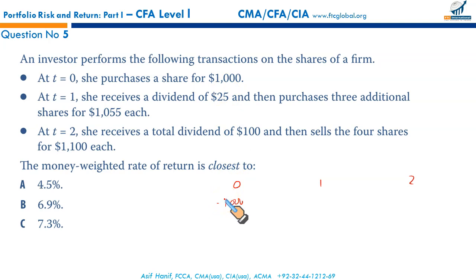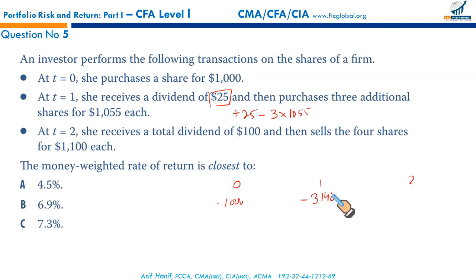Then at T1, she receives $25, which is positive, and at the same time she purchases 3 additional shares at the rate of $1,055 each. If you calculate 3 times 1,055 and deduct, and this is a negative number, mind it, and to this add 25, what you get is negative 3,140.